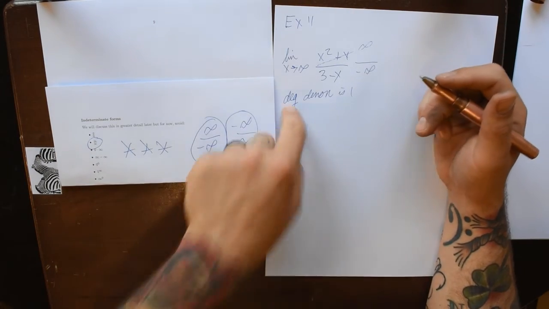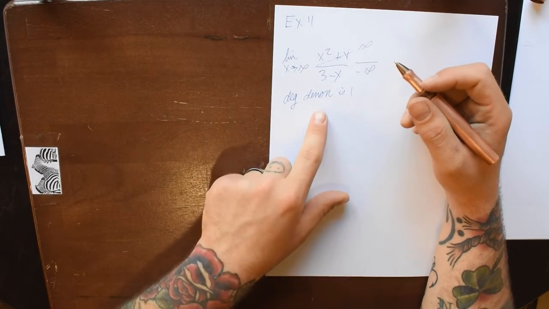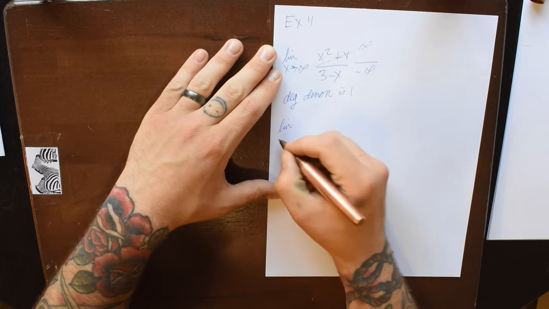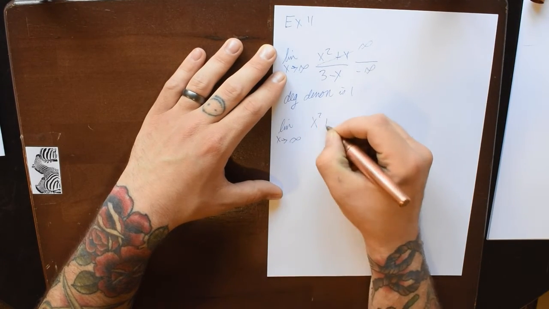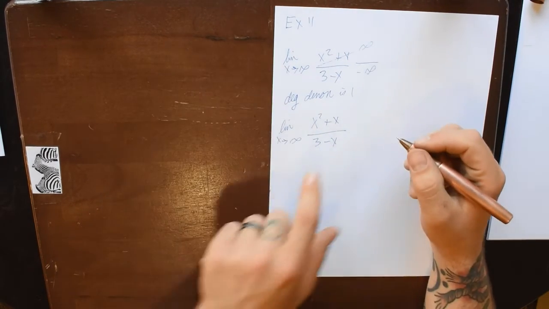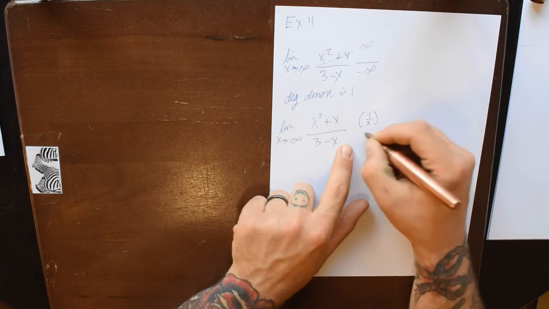So we go through and do our standard issue approach. We observe that the degree of the denominator is 1. So we'll take this limit as x gets super big of x squared plus x divided by 3 minus x. We're going to multiply top and bottom by 1 over x.